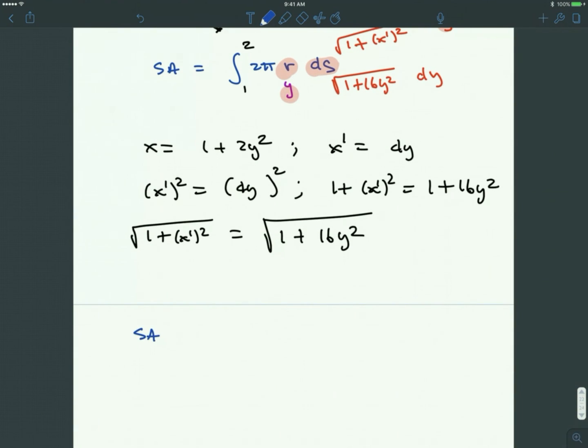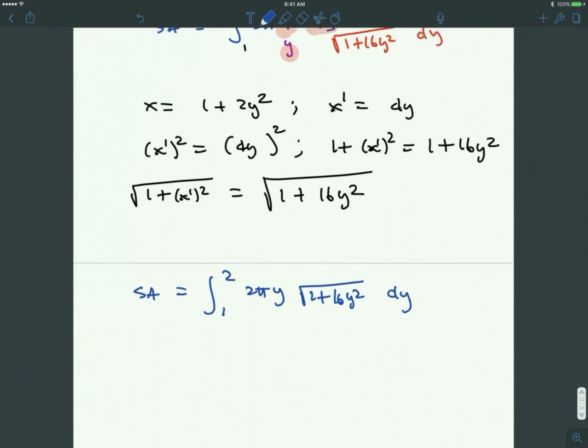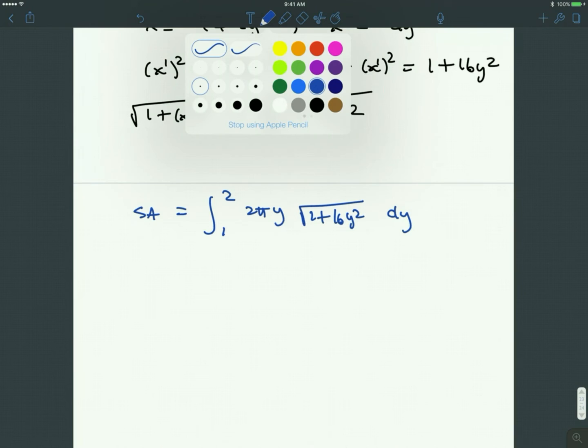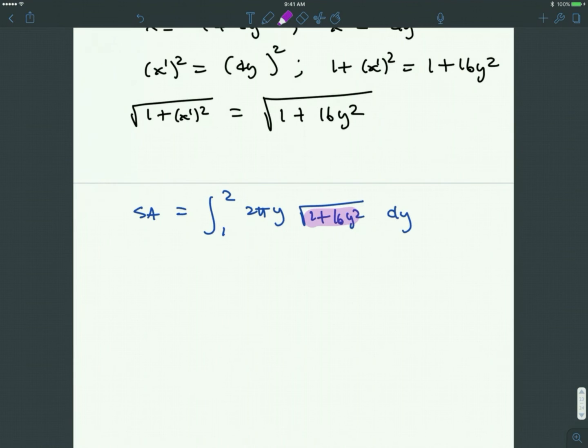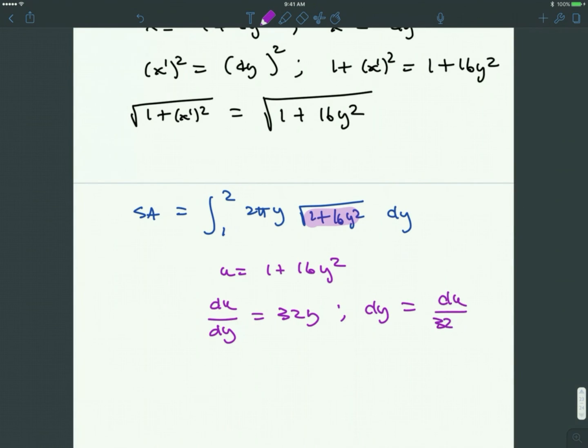Surface area. Integral from 1 to 2, 2 pi y square root 1 plus 16y squared dy. And you guys can guess that we are going to use now here u sub. U is 1 plus 16y squared. Du dy becomes 32y, or dy is du over that 32y.